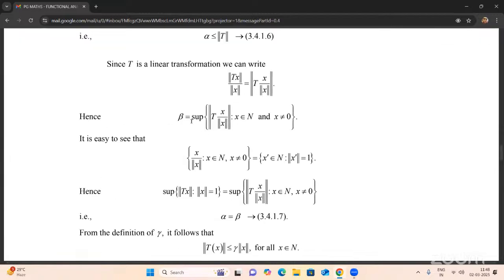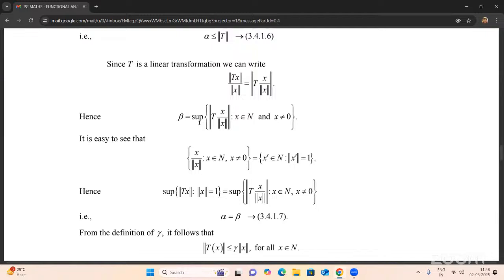Now, how to define the beta expression? In the examination, how might this question be given? Explain the norm conditions briefly, and how to define alpha, beta, gamma through their norms. This is also one of the questions.